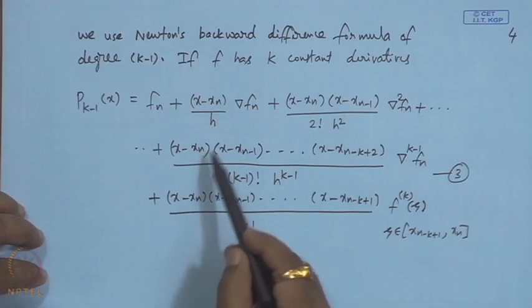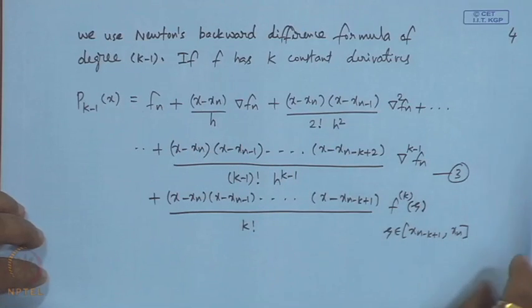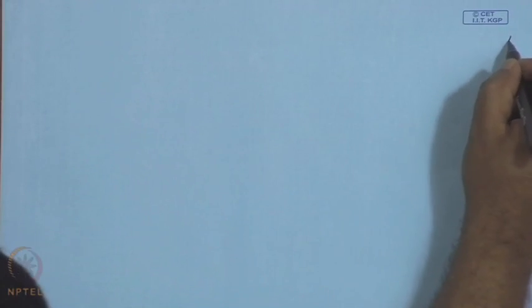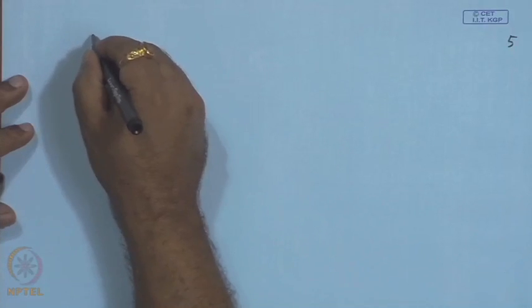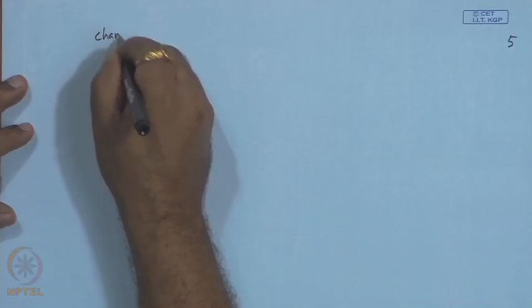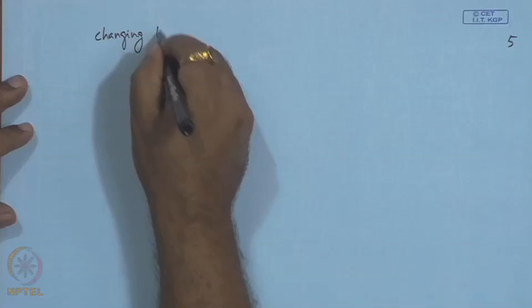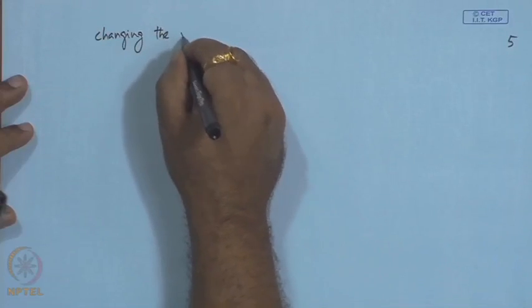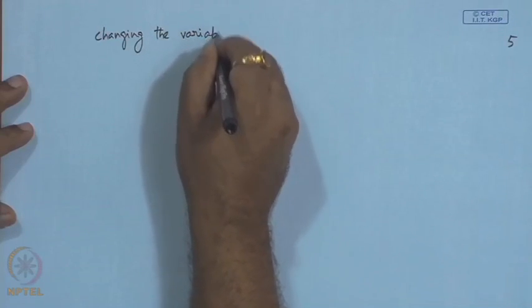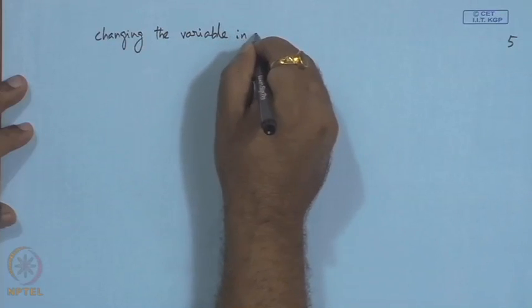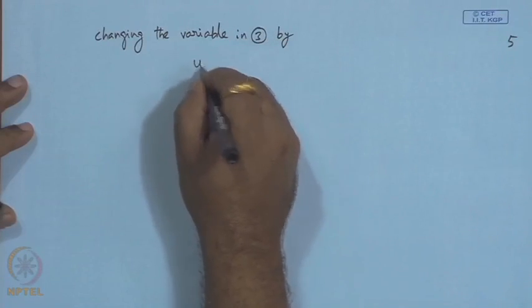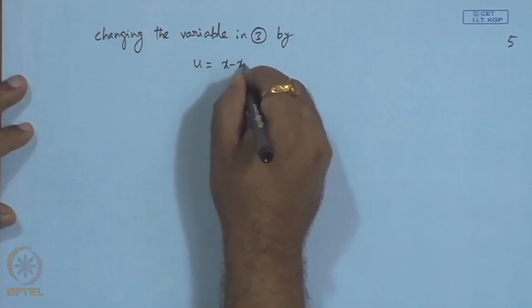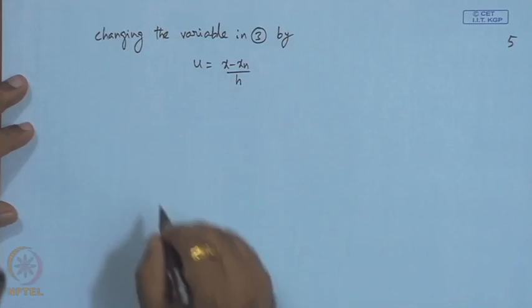So, we try to introduce a change of variable as follows. Changing the variable in 3 by u equals x minus x n by h.